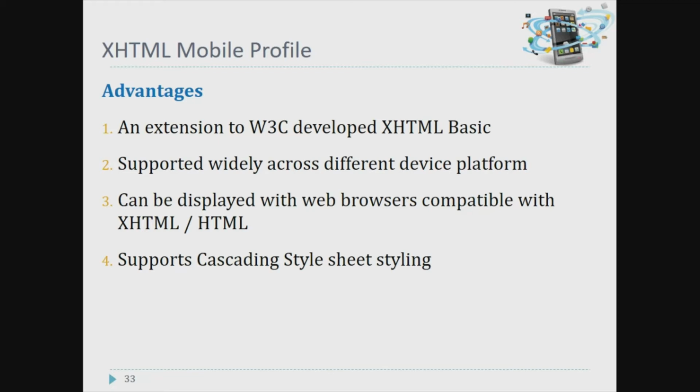Okay, so the advantages of XHTML MP: it is an extension to the W3C developed XHTML Basic, so the structure is quite similar to HTML Basic. It is supported widely across different device platforms. It can be displayed with web browsers that are compatible with HTML documents, and supports cascading style sheet styling, CSS. Okay, we can do more on formatting.